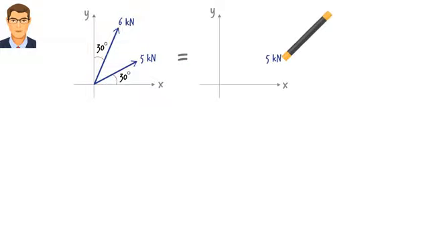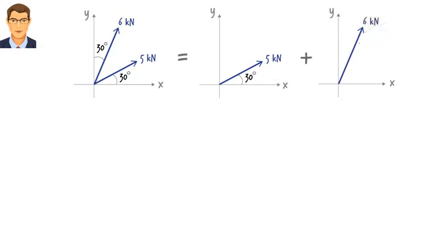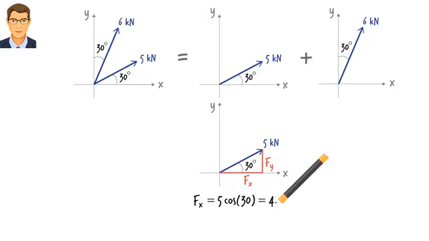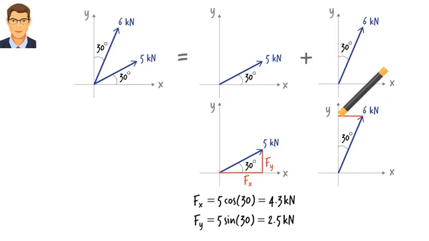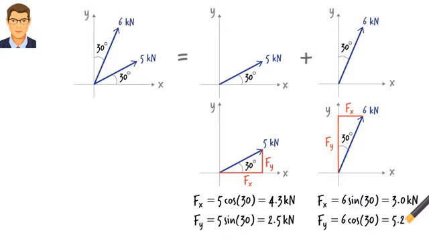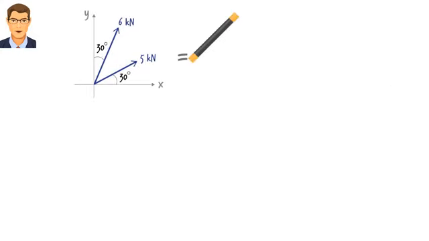To add them together, let's consider each vector in isolation and determine its x and y components, like this. We can replace the original vectors with these two pairs of vectors.